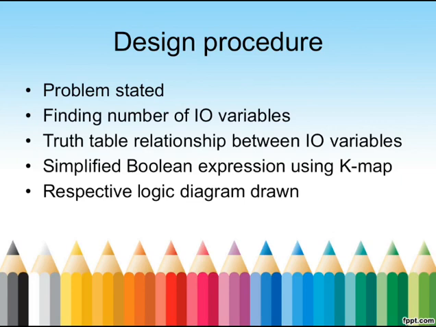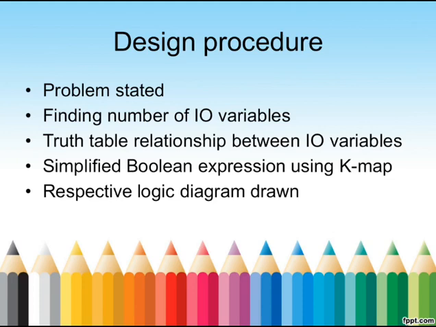Step 2, find the number of input and output variables. Step 3, express a truth table to make a relationship between input and output variables. Step 4, obtain the simplified Boolean expression using a K-map. Step 5, implement the logic diagram or a block diagram from the simplified Boolean expression.